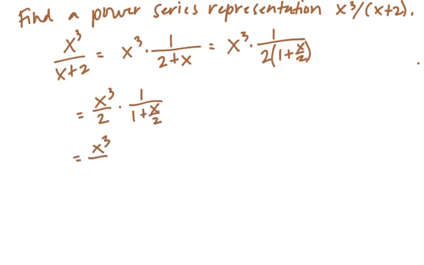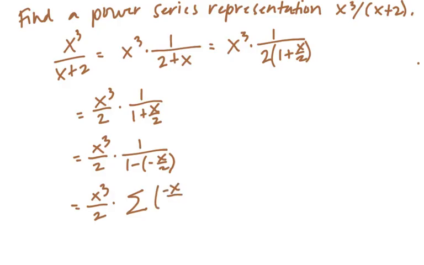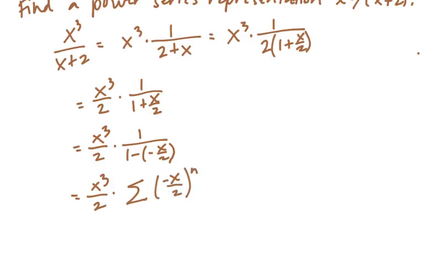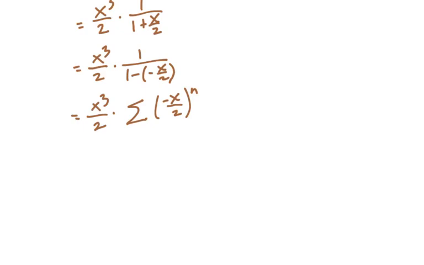So we have x to the third over 2 times 1 over 1 minus negative x over 2. So we have x to the third over 2 times the series of negative x over 2 to the nth power. So we have that power series look.